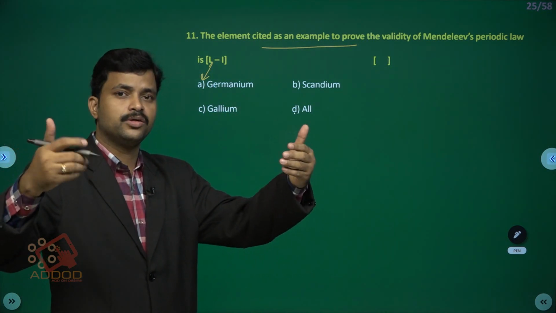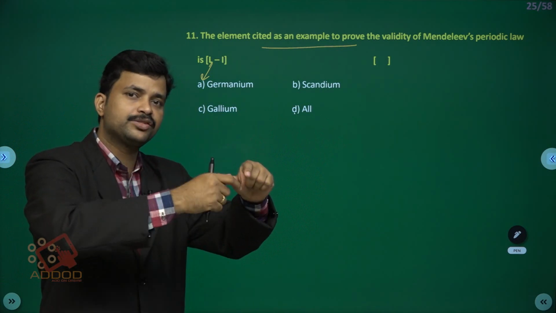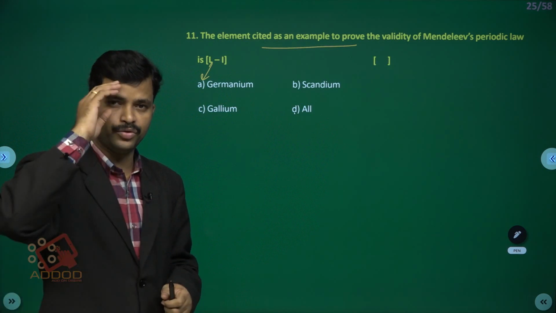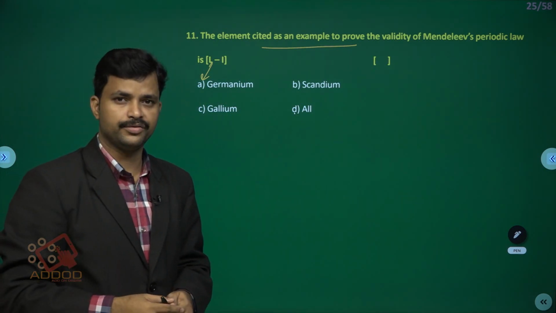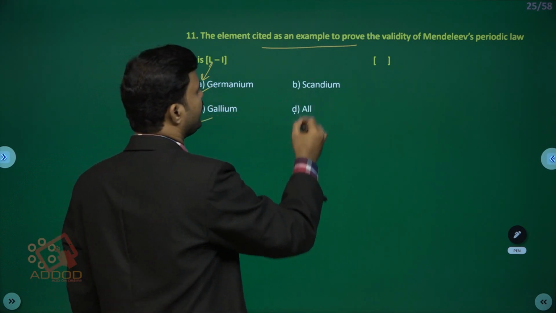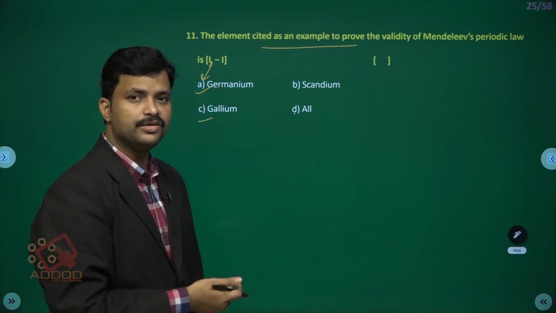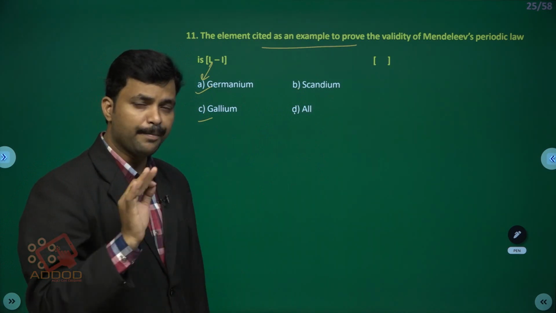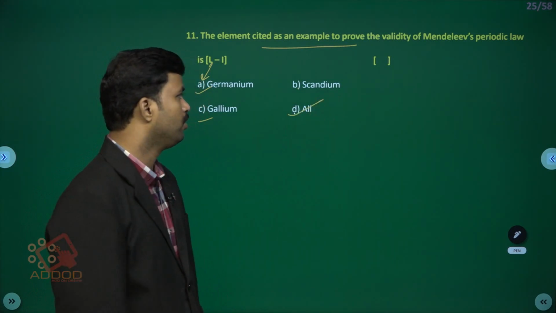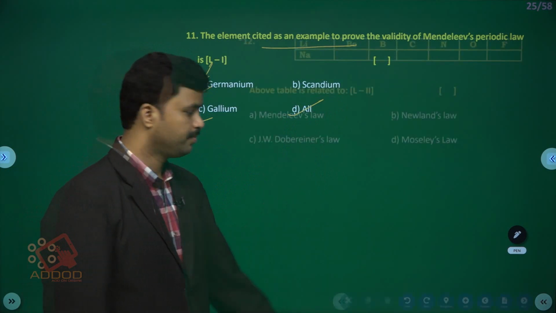After several years, those elements were discovered and kept in those places, so there is a periodic trend. Awesome, right? The foresight of Mendeleev. The discovery of germanium, gallium, scandium strongly supports Mendeleev's periodic law. So all elements' discovery will support Mendeleev periodic law.